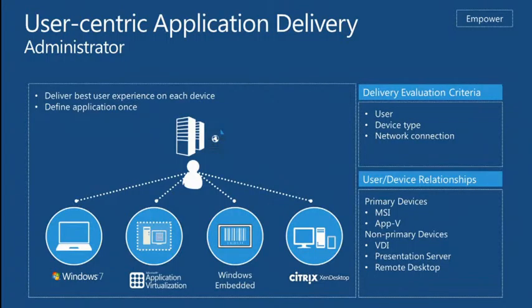In some situations, it might be just a laptop, and on a laptop, a simple Windows installer-based application might be just fine. However, let's say you're on a remote network connection where that same installation may not be appropriate. Then you may want to deliver it a different way, such as through a Citrix experience or a remote desktop experience.